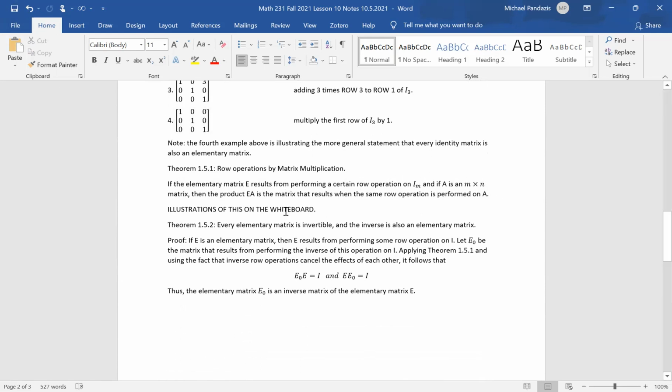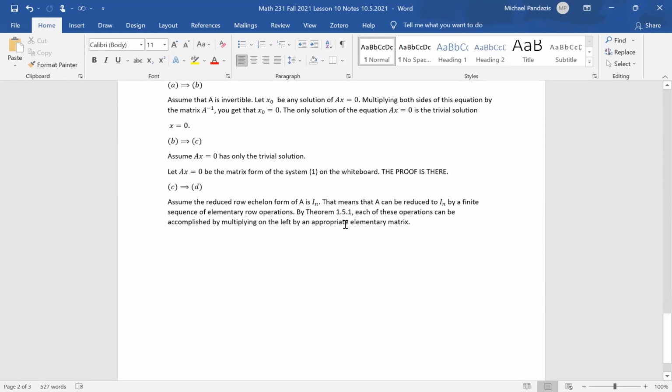Okay, so what's happening here is that when we go from A to I sub n, instead of performing elementary row operations on A, we can just keep left multiplying A by the elementary matrix that results in that row operation being performed on it.